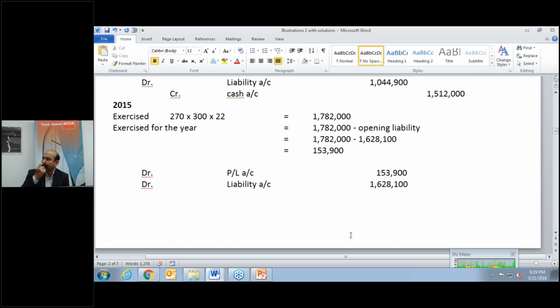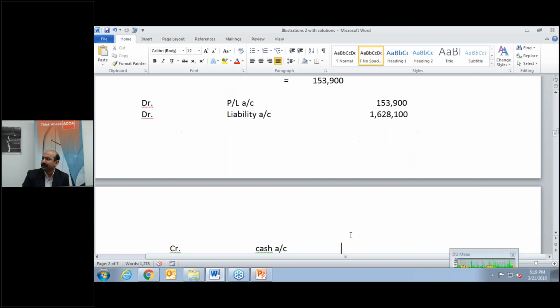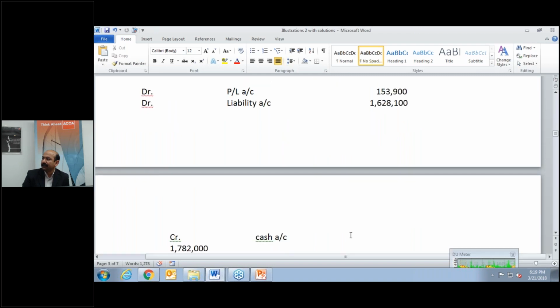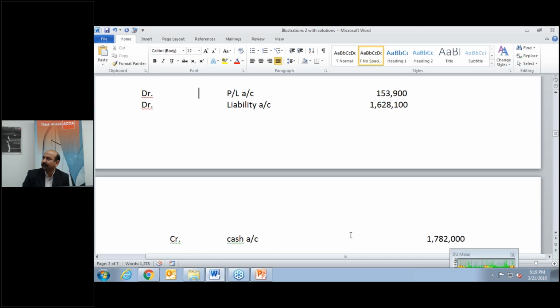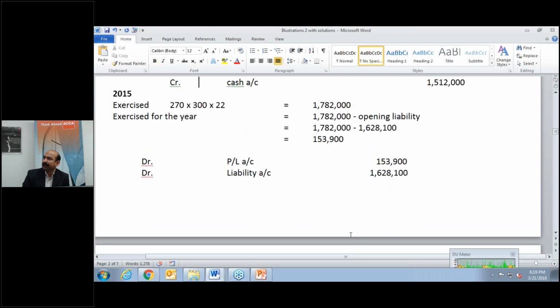Similarly, in 2015, all the remaining employees exercise their option. So this way you will be calculating, and then when you reduce this with the opening liability, this will give you 153,900. This is your expense for the year, and you have made this entry. You have cash credit, because this is the actual cash which you have paid, and debit profit and loss account. Both figures are calculated from here, and liability is the balancing figure.